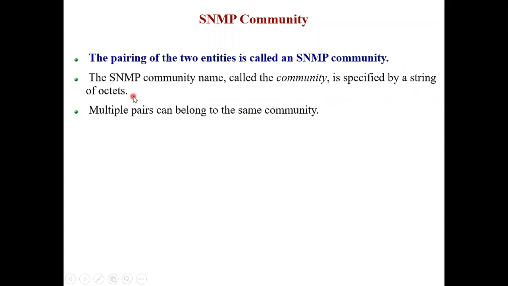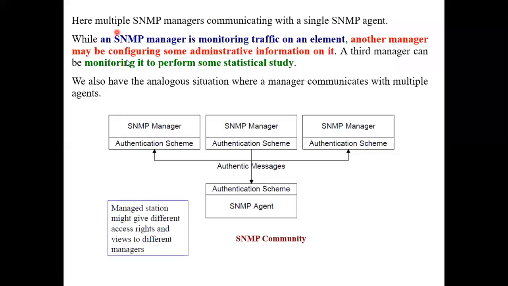Remember we had these various kinds of data types. So the community name is given by a string of octets, and multiple pairs can belong to the same community. It's not that one agent and one manager only will be a part of one community. I can have multiple pairs. Multiple pairs means many agents or many managers can belong to the same community. So pairing of entities is called an SNMP community.